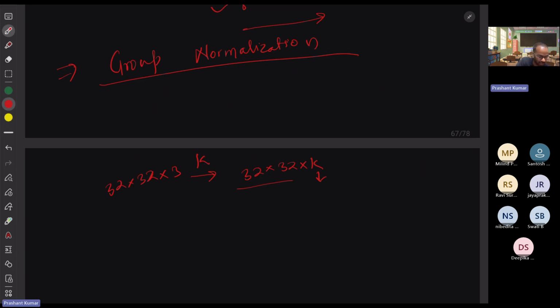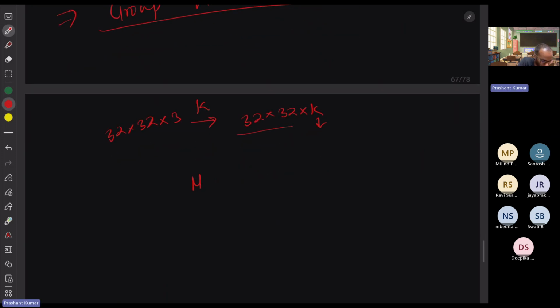In this case, my mu will become 1 by K times W cross H of the sum of A, over K equal to 1 to K, W equal to 1 to W.